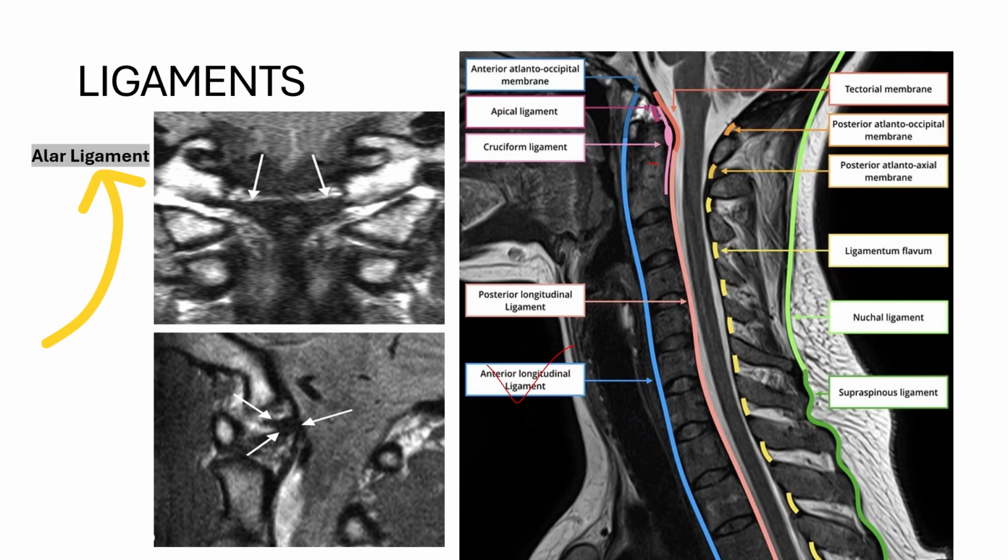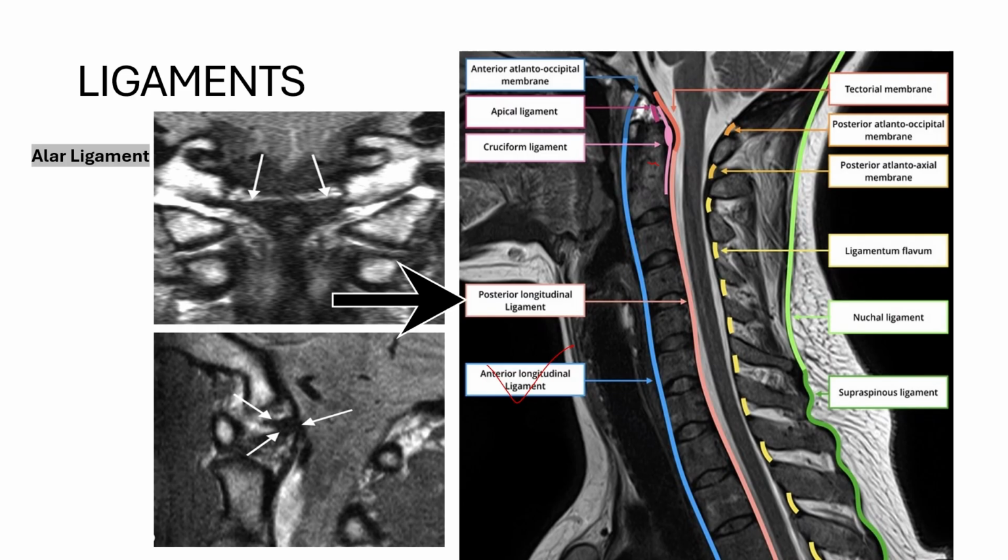The third one is the alar ligament. The ligament attaches from the tip of the dens to the occipital condyle on either side, and it limits rotation. The fourth one is the cruciform ligament. The cruciform ligament is a transverse band that holds the dens to the C1 vertebra, and it prevents anterior displacement of the dens.